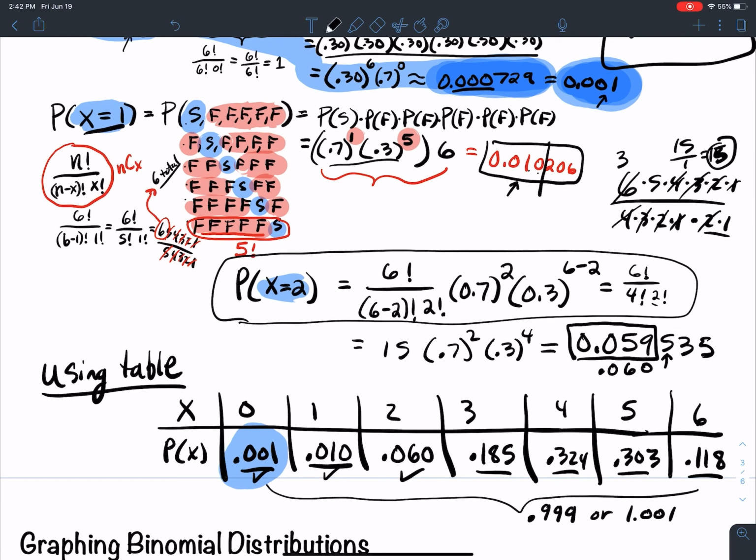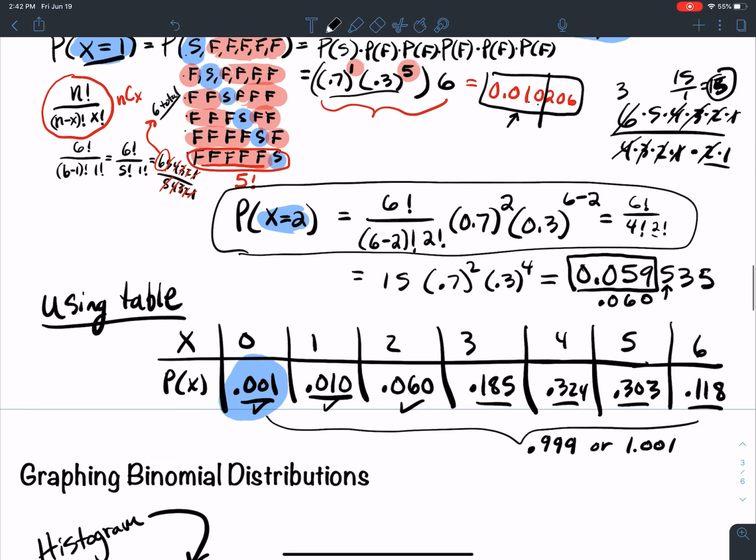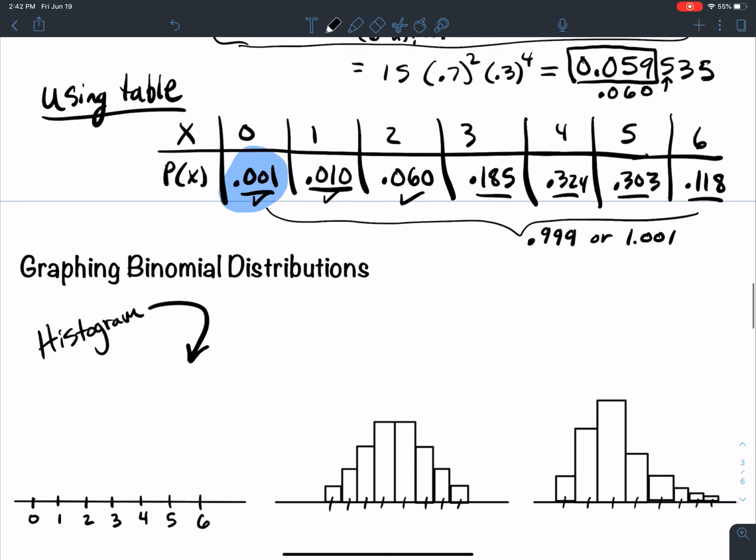So what I want to do is graph this binomial distribution. At 0, I got a 0.001, so I'm barely going to have anything. And then at 1, 0.010.